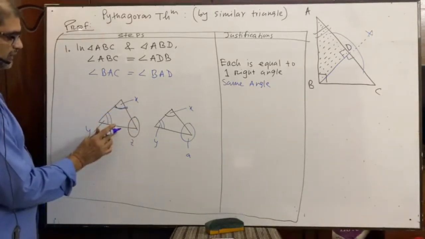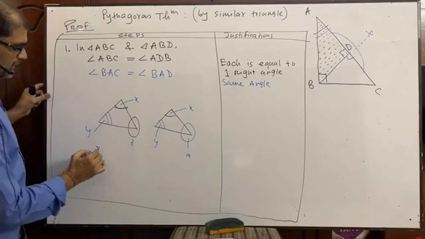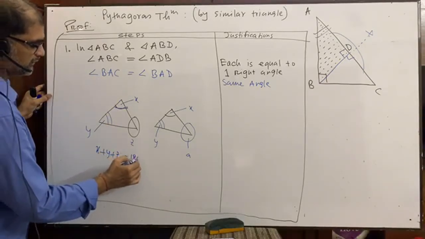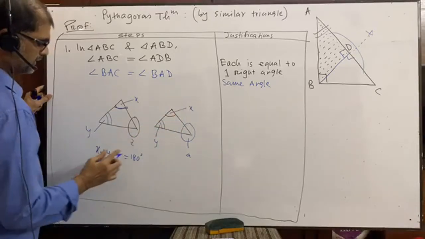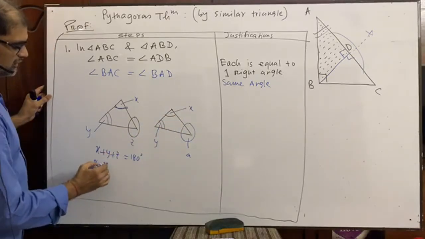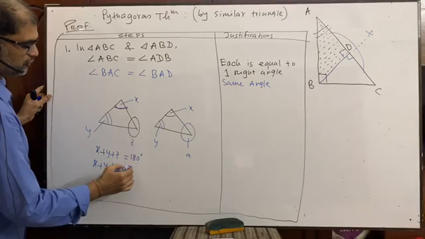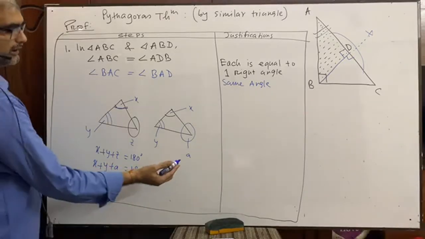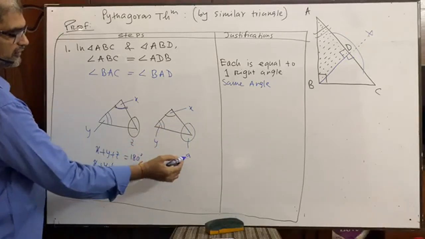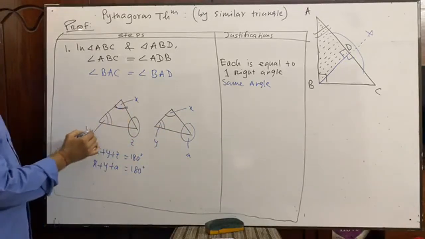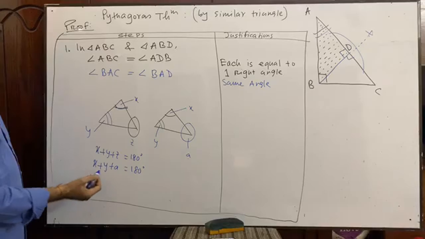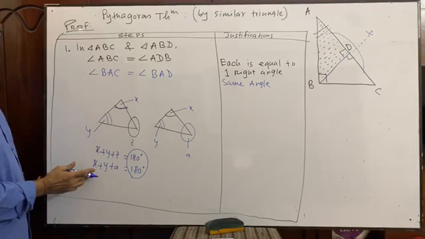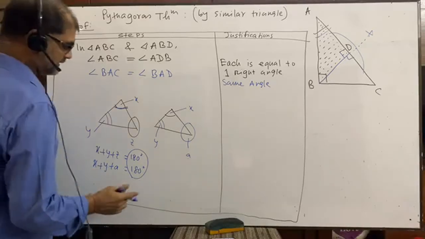So in this triangle, x plus y plus z equals 180 degrees. Here, x plus y plus a equals 180 degrees. Their right hand sides are equal, so their left hand sides will be equal.